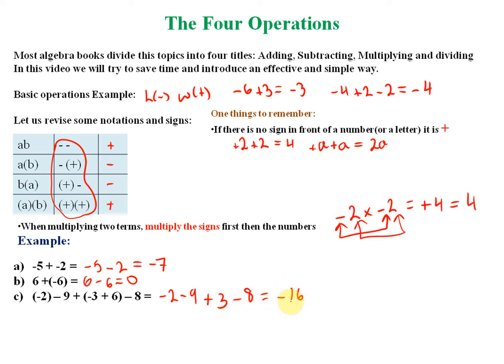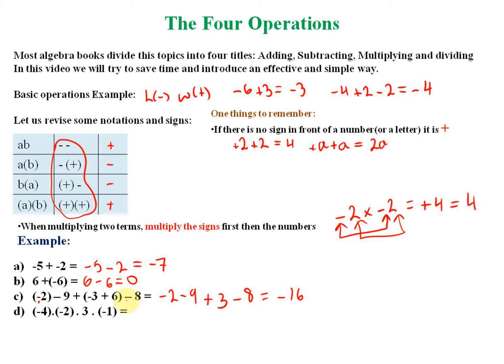And we haven't multiplied any 2 signs because we don't have 2 signs next to each other as in the table. You can see the negative in front of the 2 and the negative in front of the 9 are separated by the 2. Let's have a look into another example.